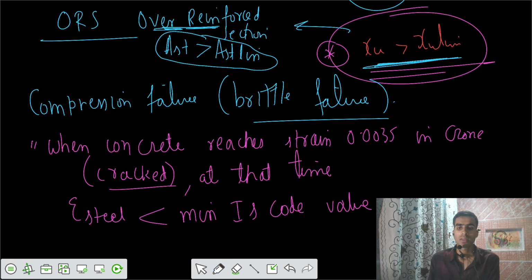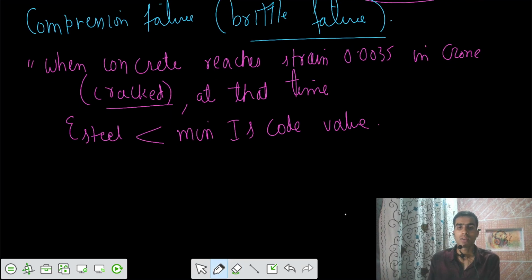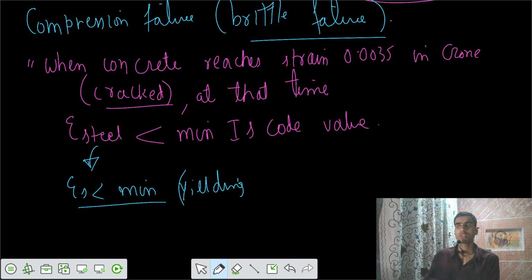So the strain in steel is lesser than the minimum required value for yielding, because your strains in steel are such that the material has not undergone yielding. That means the steel is not properly utilized.